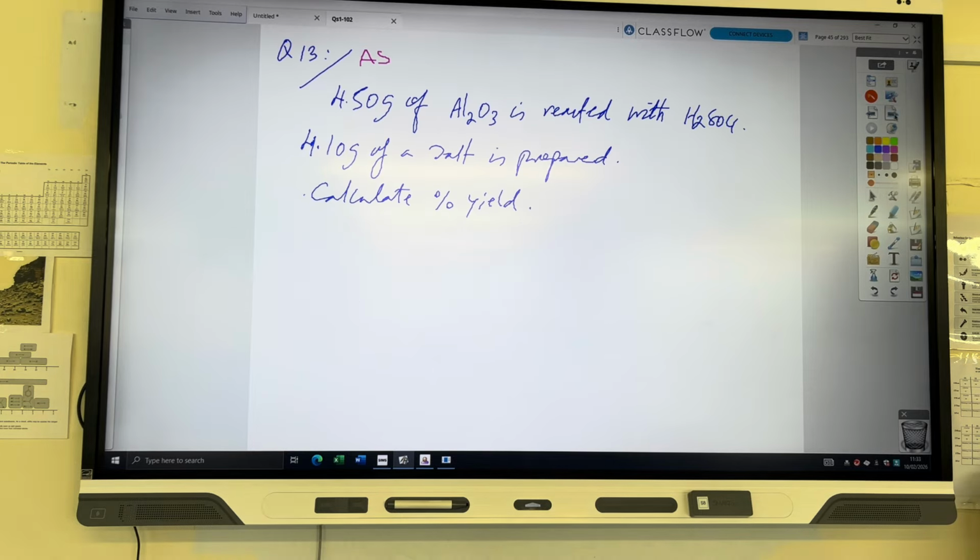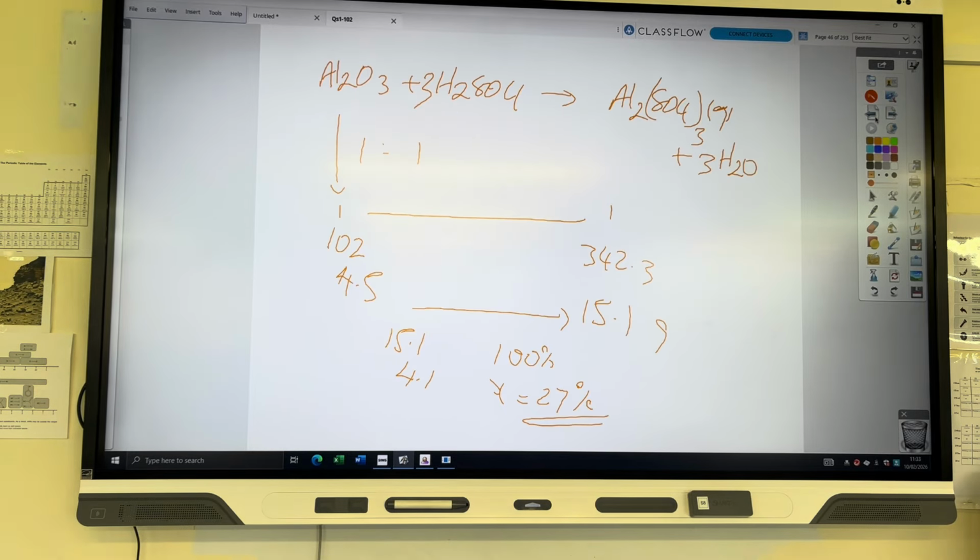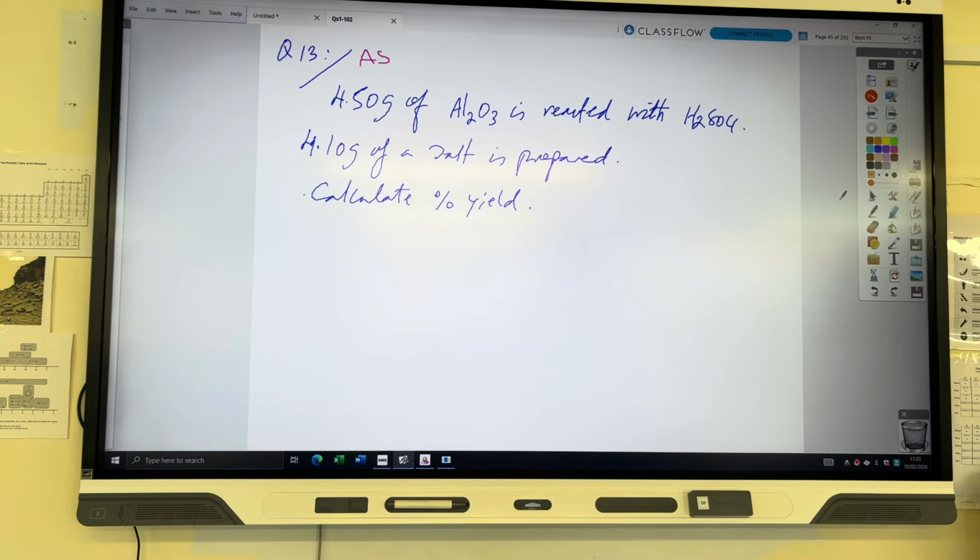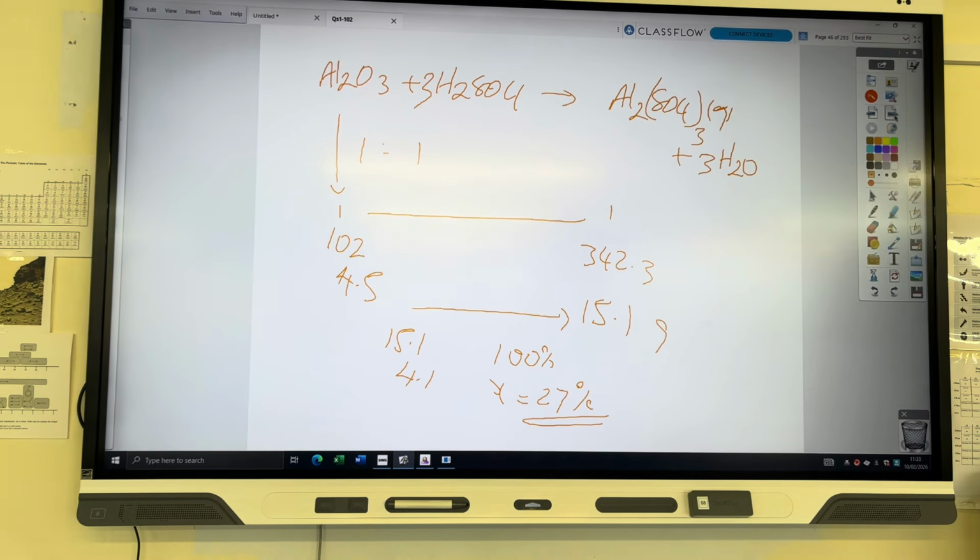Forget about these, they are nothing to do with you. Question 13. 4.5 grams of aluminium oxide is reacted with sulfuric acid. 4.1 grams of the salt is prepared. Calculate percentage yield. A very honest question, not twisted at all. And the answer.